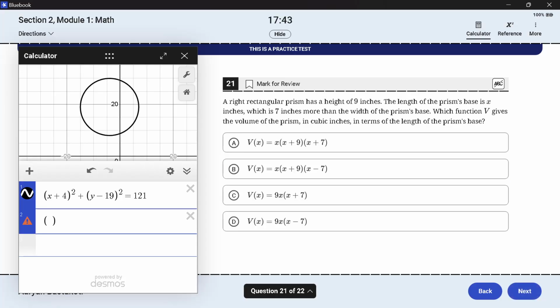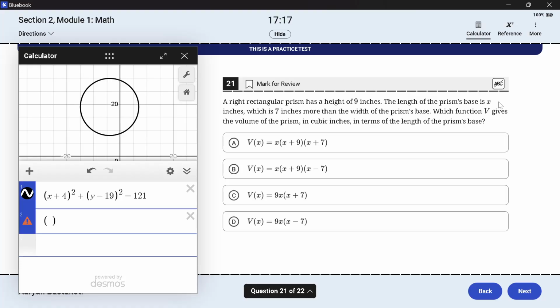A right rectangular prism has a height of 9 inches. The length of the prism's base is x inches, which is 7 inches more than the width of the prism's base. Which function v gives the volume of the prism in cubic inches in terms of the length of the base of the prism? So height is 9 inches, length of the prism's base is x inches. It's a rectangular prism, right?